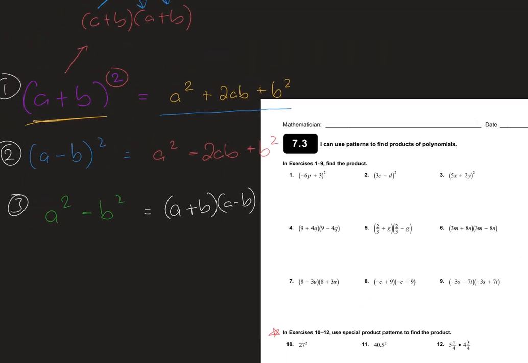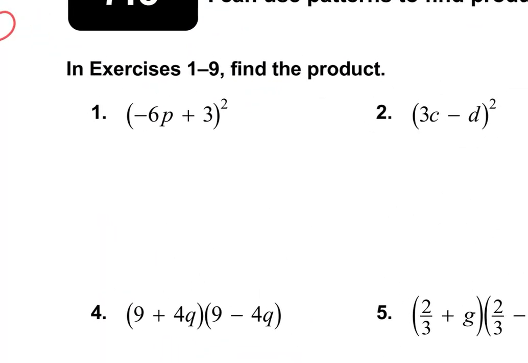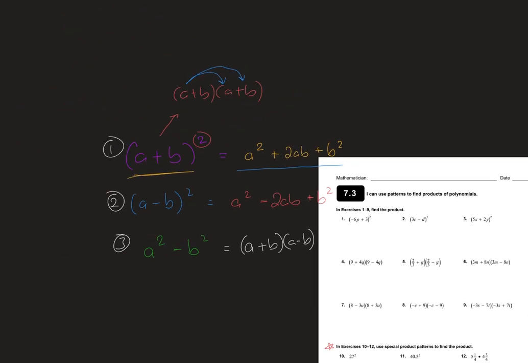Number one is (-6p + 3) squared. So it fits this pattern.